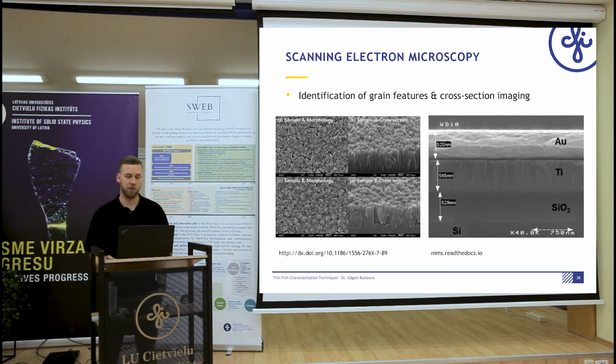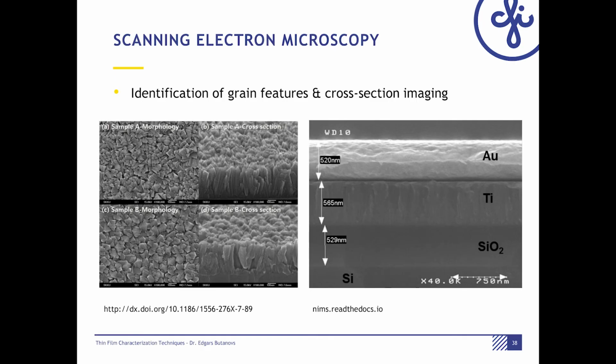It can be used to study grain features in your thin films, as well as perform cross-section imaging, since usually you can obtain different contrast for different element films or compound films, and you can approximately determine the grain size or grain features or growth mechanisms, let's say.